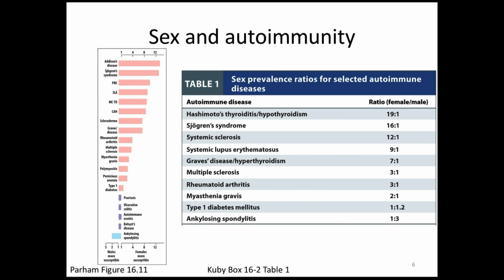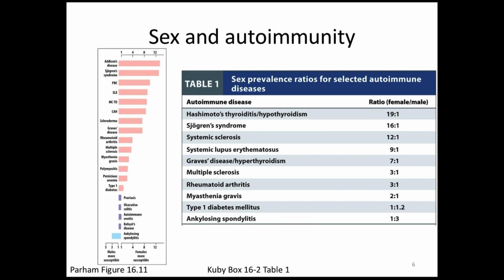But if we actually look at different autoimmune diseases, by and large, we find that most of them are predominantly found in women. And so there is a strong sex bias in autoimmune diseases. So the table on the left is showing us a bunch of different autoimmune diseases and the ratio of females with that autoimmune disease to males.